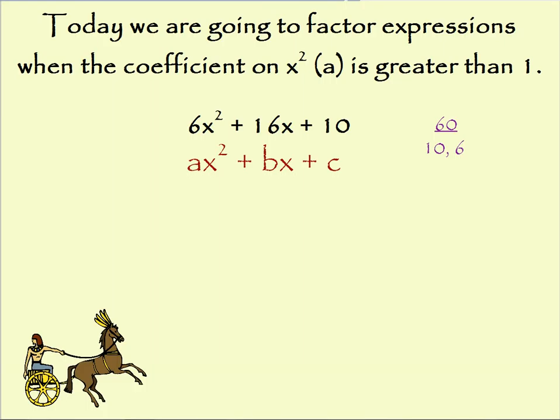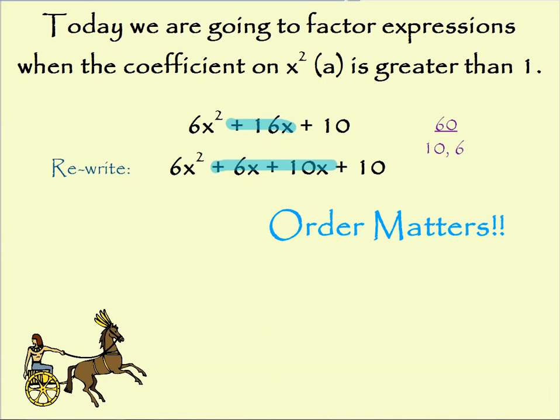We've got to have a little intermediate step here. What I'm going to do with that 10 and the 6 is break up my middle term, those 16 x's, into 6 x's and 10 x's. I still have 16 x's there, but I'm breaking them up according to my factor pair.